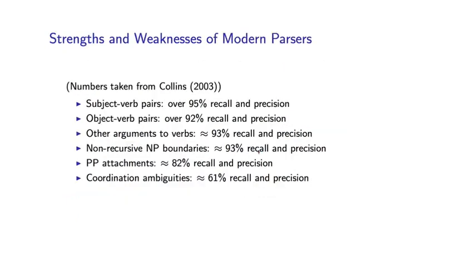And here are some numbers. So, in fact, if we look at subject-verb pairs, so this is dependency of the following form, we do pretty well on these. We get over 95% recall and precision. If we look at object-verb pairs, so these are basically going to be of this type. VP1 goes to VT-NP.